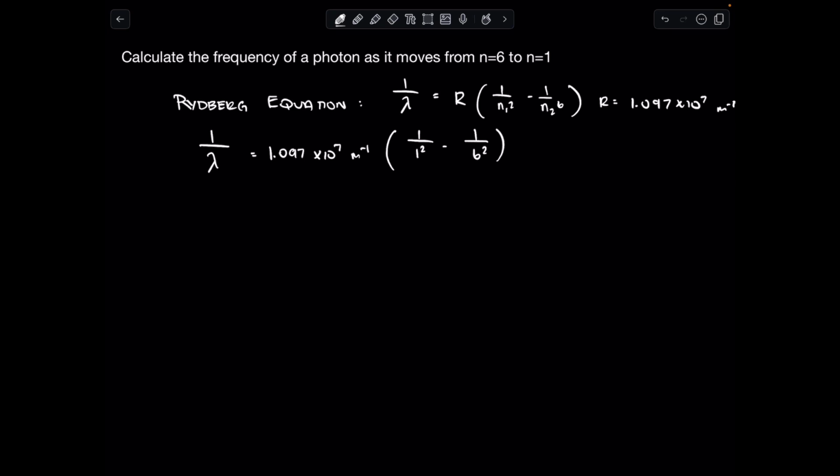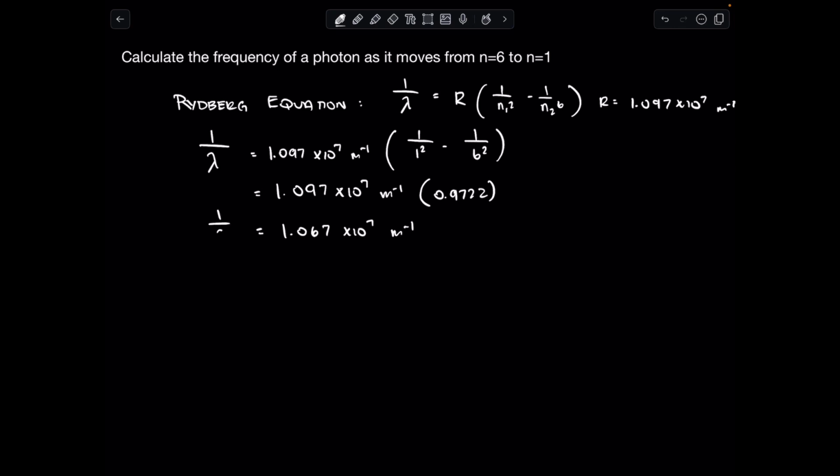There we are. So now let's solve for this. So if we just do the inside part of our parentheses, this comes out to 0.9722. And then if we multiply those together with 1.097 times 10 to the 7 per meter, we're going to end up with 1.067 times 10 to the 7 per meter.